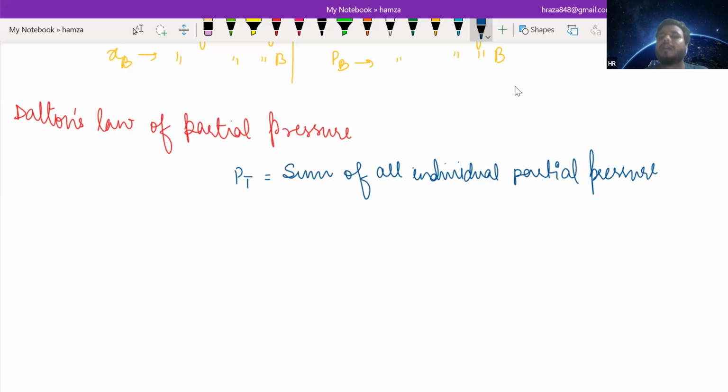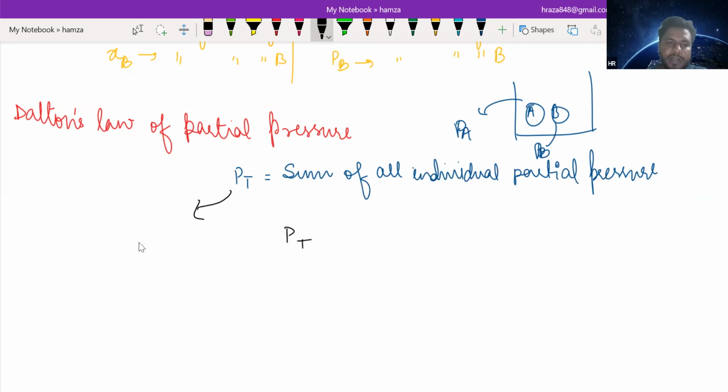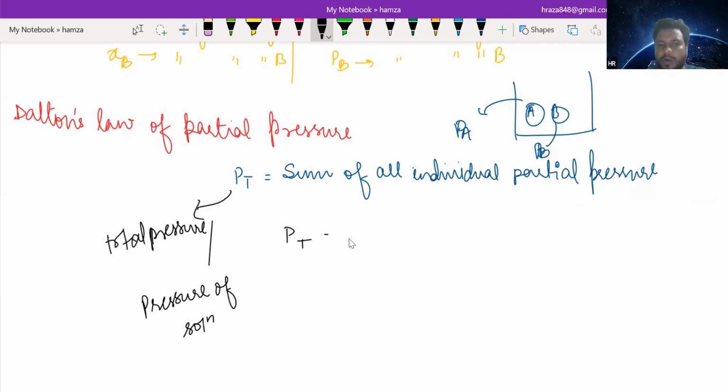So you can see that in the solution only A and B are present, and A has a partial pressure PA, and B has a partial pressure PB. So what will be the total pressure? PT is the total pressure, and you can also call it the total pressure of the solution.